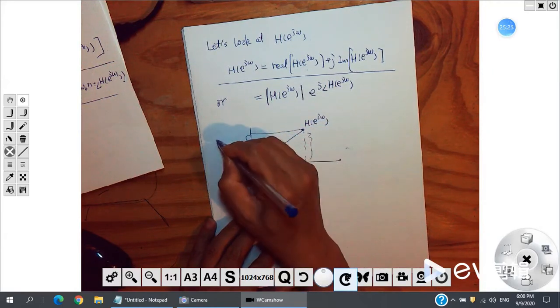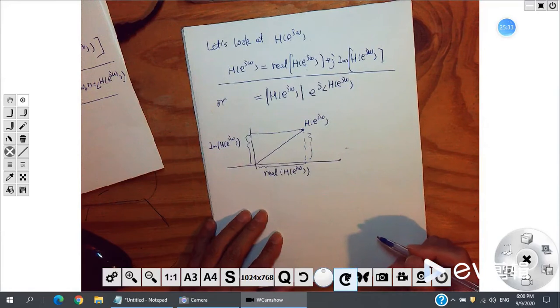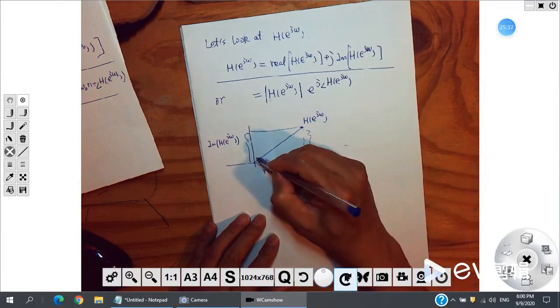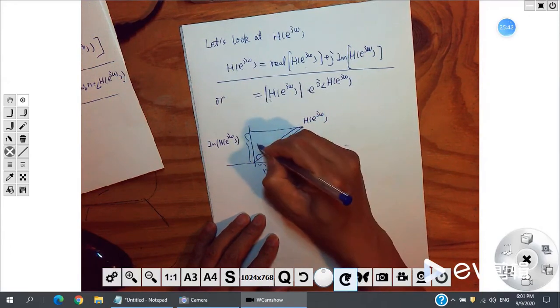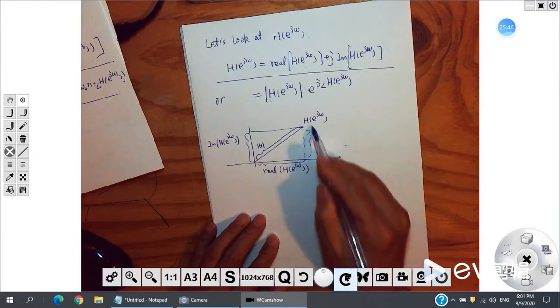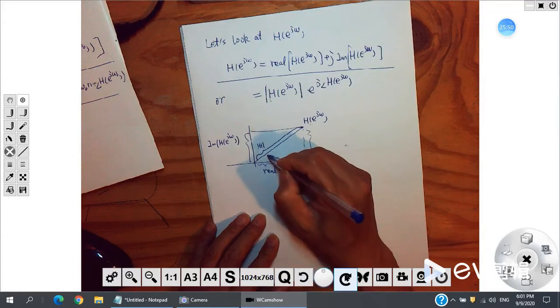So this is the imaginary part of H(e^jω). So we have these two parts. And we can also use this way. This way is what? The length of this bar. This is the magnitude of H. I just write it in this way. You know it is the magnitude of the whole thing. I just put H here. And this angle, this is the angle of H.